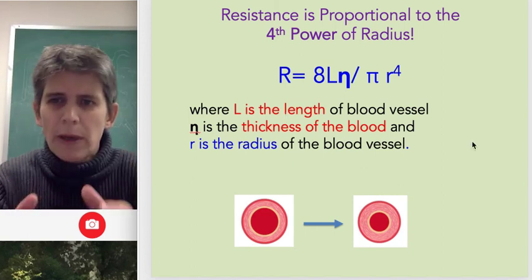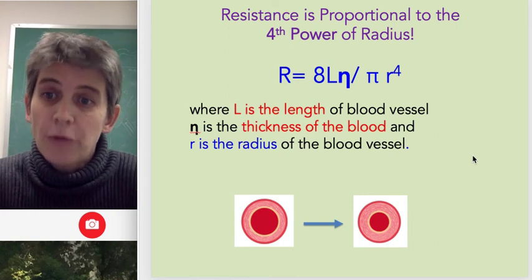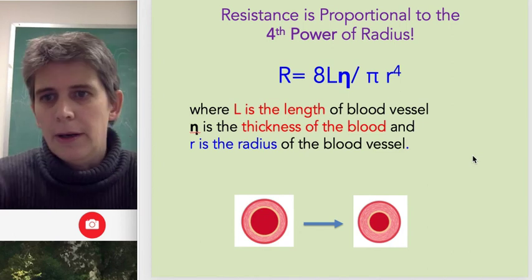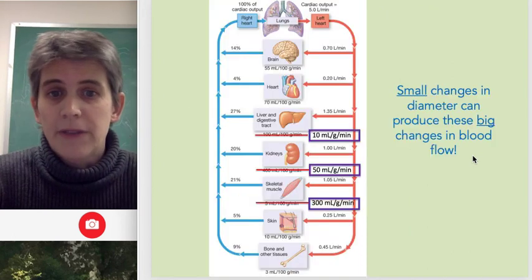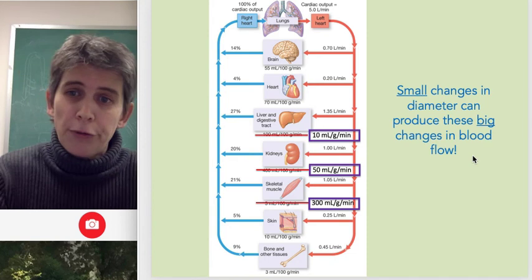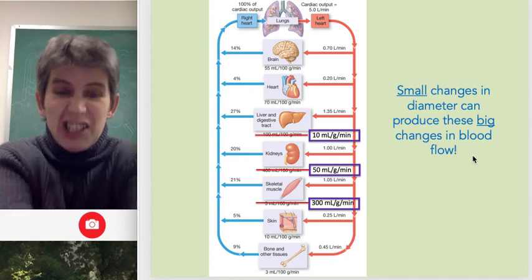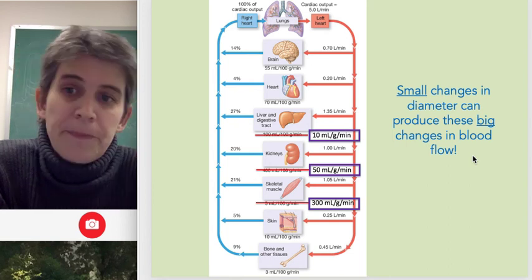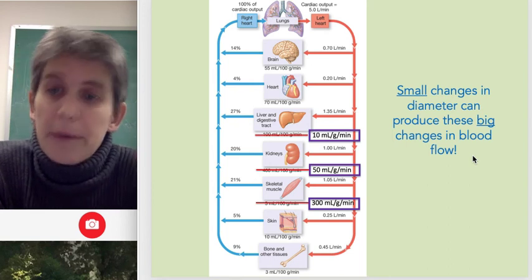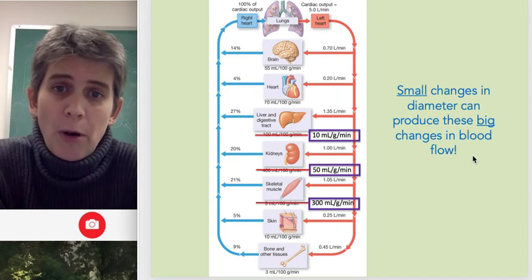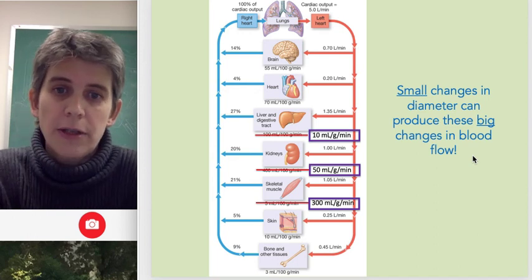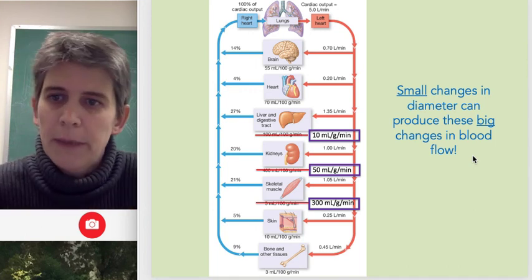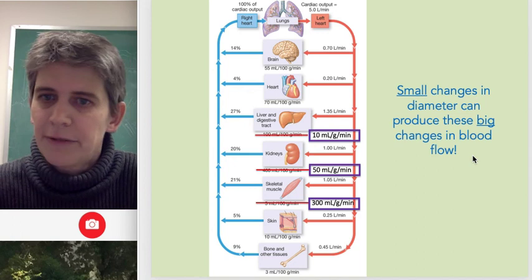So it's really the radius that's going to change that. And so vasoconstriction and vasodilation are what's going to control the ability of blood to flow through all these vessels. The cool thing about that fourth power relationship is that you can get these huge changes in blood flow that we saw before with a relatively small change in blood vessel diameter. So it's a relatively small input of ATP; energetically it's not very costly to make these huge changes in blood flow around the body, and that's really neat.